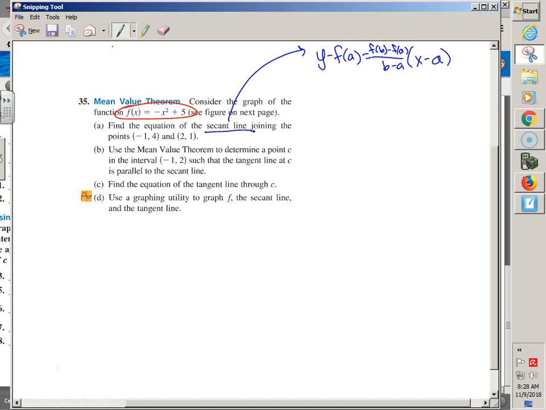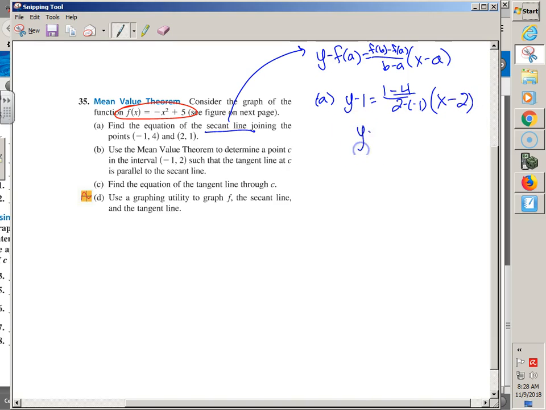If we plug in (2, 1), then for letter A we're going to do y minus 1 equals the slope, y2 minus y1 over x2 minus x1, times x minus 2.